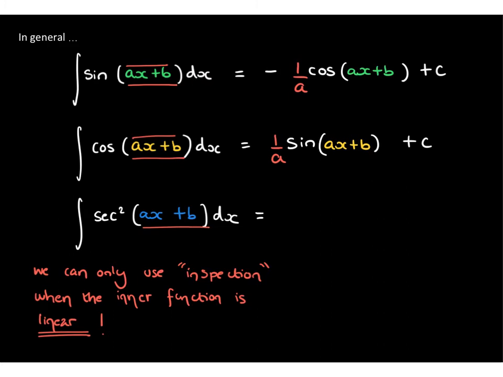We know the integral of sec squared is tan, so we'll get tan of (ax plus b), and we need to make sure we have a factor of 1 over a here, and plus c at the end. So we can integrate any of these simple trigonometric functions when the inner function is linear using inspection, or we can use the full integration by substitution process.